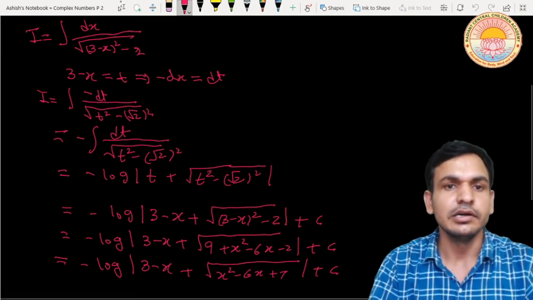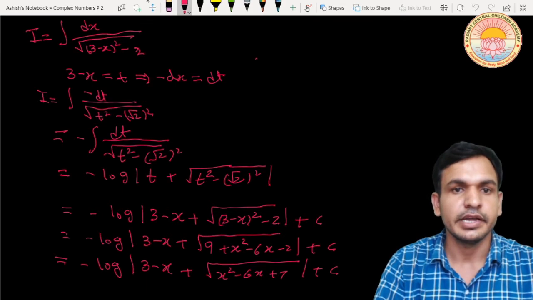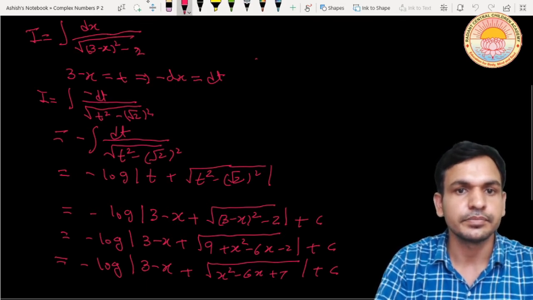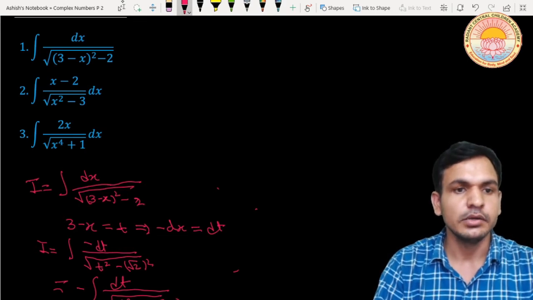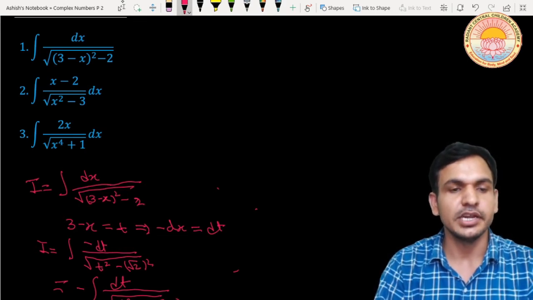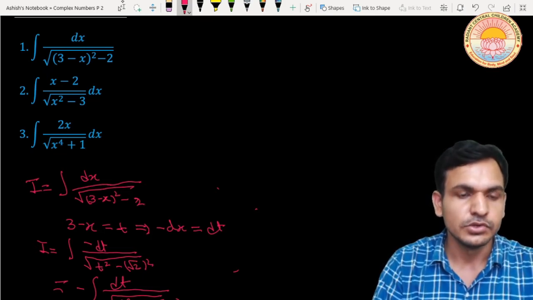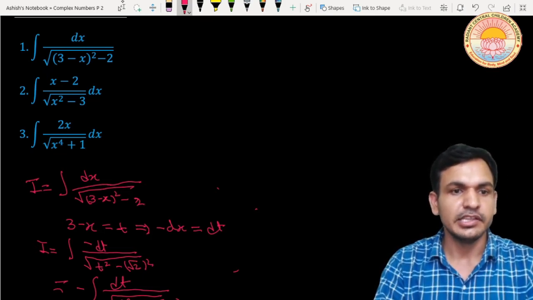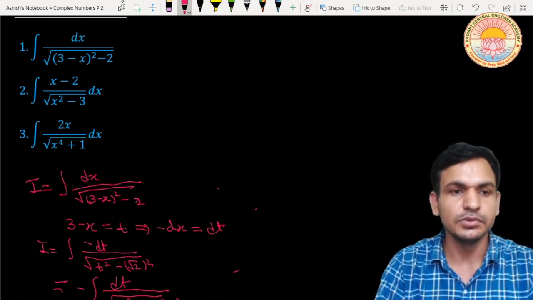Now let's solve the second question. Second question is integral of x minus 2 upon square root of x square minus 3 dx. Now this is not a standard integral. So to integrate this, in this case we will divide the numerator into two parts. We will break this integral into two integrals.